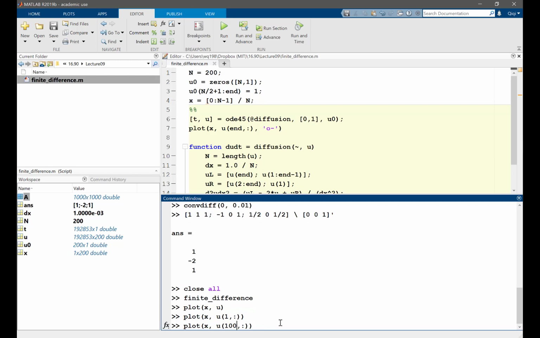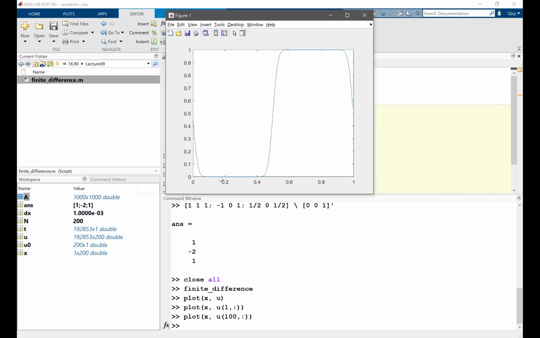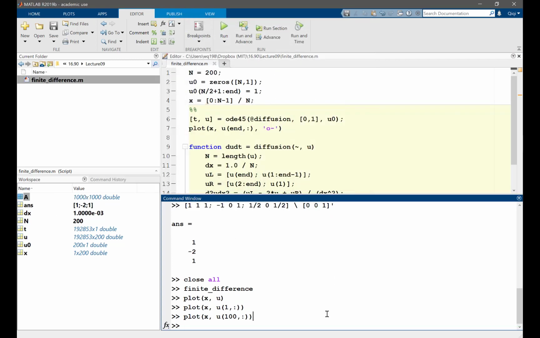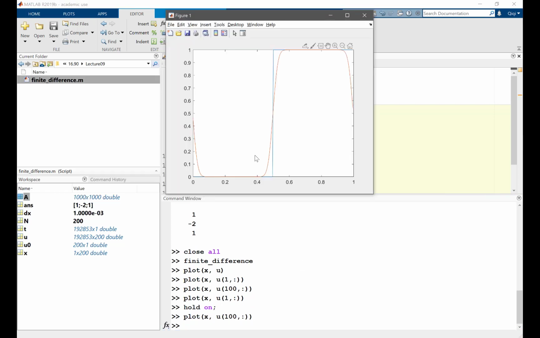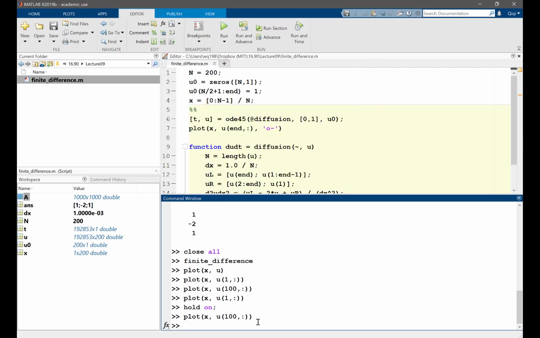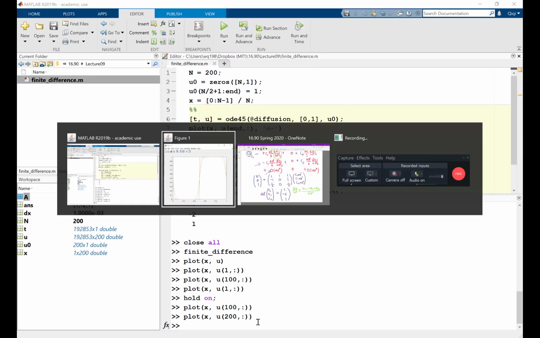So let's see, after 100 steps, right? Let's just track the evolution. So this is the initial condition. Let's hold on and see after 100 steps. My solution, we can see it's diffused out in the sense that the sharp corners, the sharp increase, gets smoothed out, right? And let's look at 200 steps.